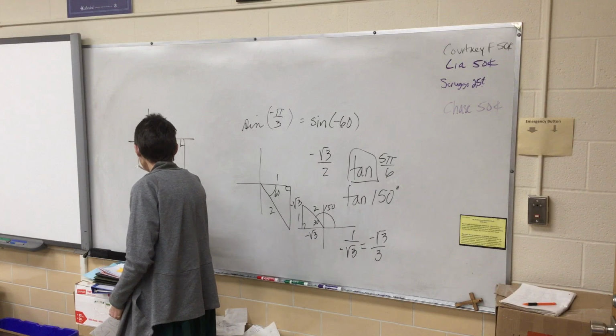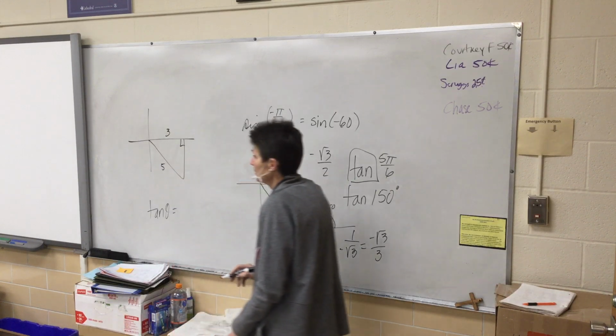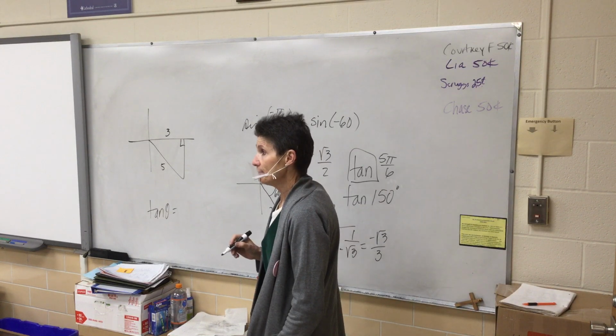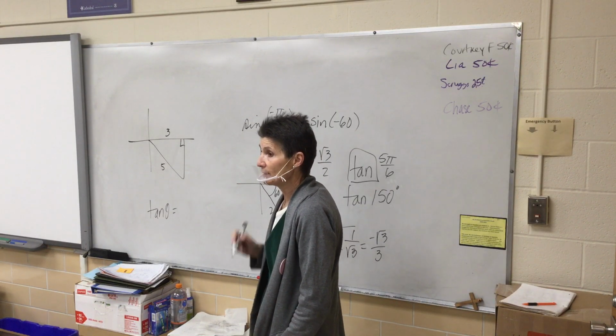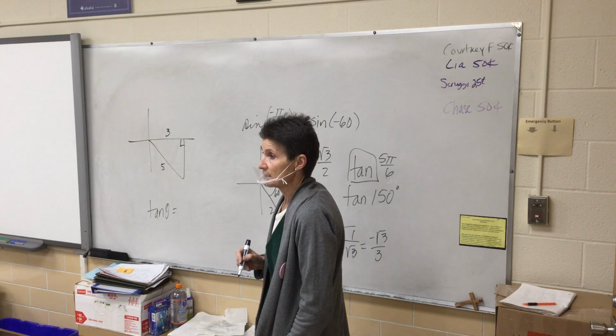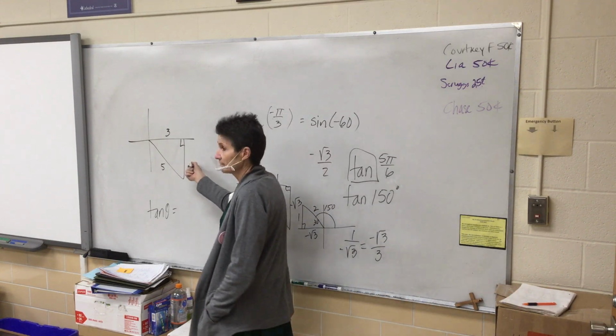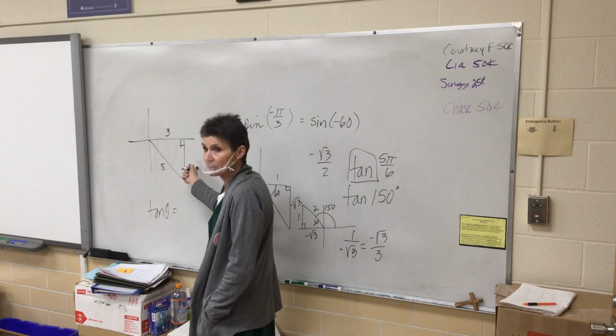The question is, what's the tangent? Well, we run into this kind of situation often. Every time we run into this, what do we do next? Pythagorean theorem, right? Every time.